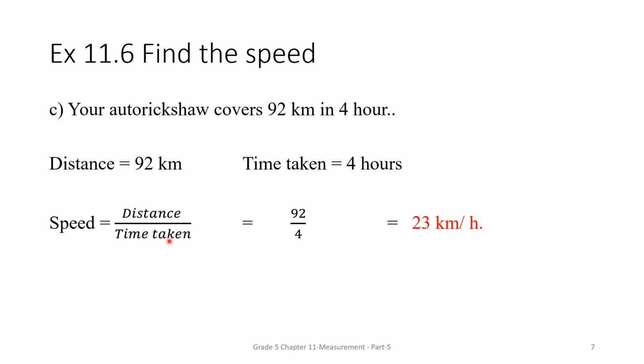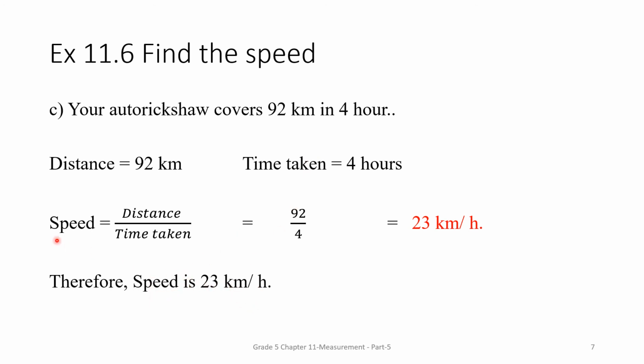So what is the distance covered by the auto rickshaw? That is 92 kilometers in how many hours? In 4 hours. So we will divide 92 by 4. When you divide 92 by 4, you will get the quotient as 23. So 23 kilometer per hour. Don't forget to write this unit. Kilometer is for distance and hour is for time. And the final answer you will write like this: speed is 23 kilometer per hour.